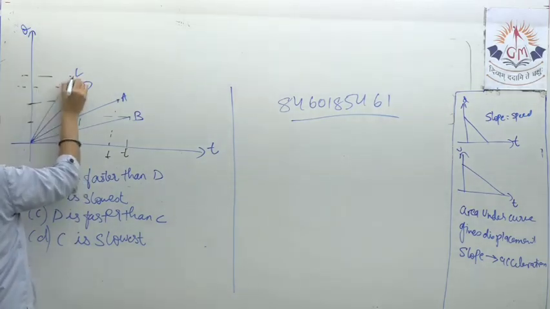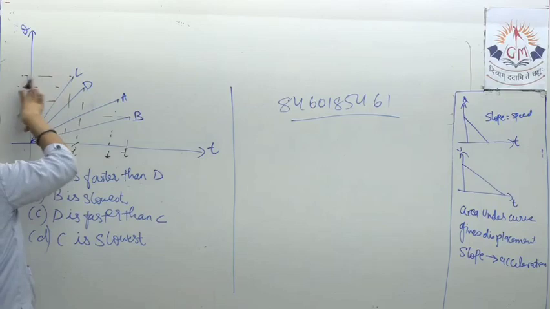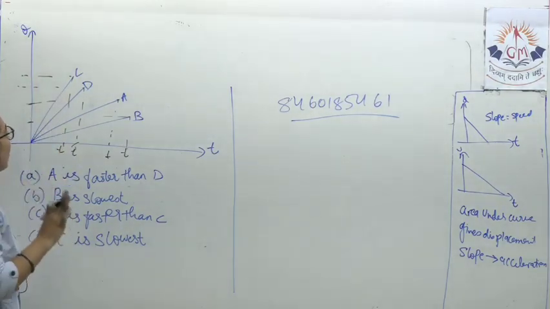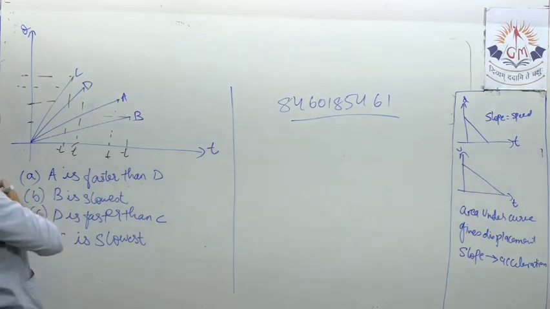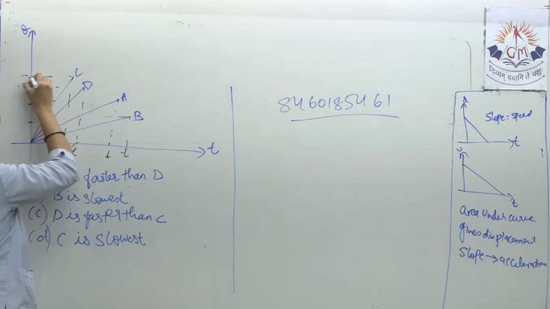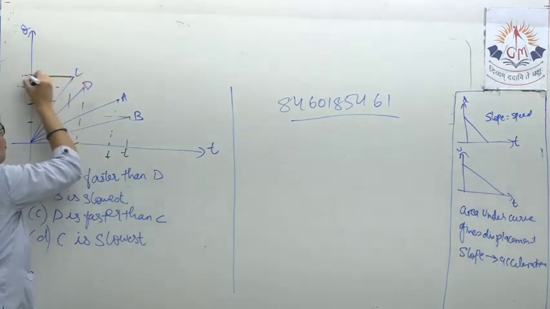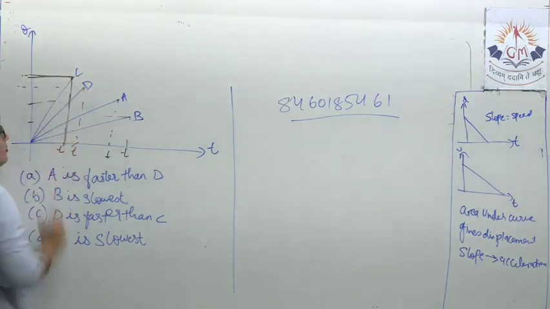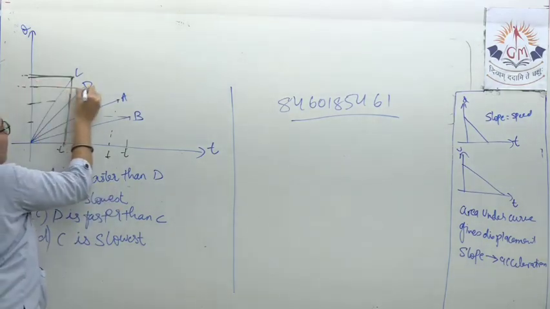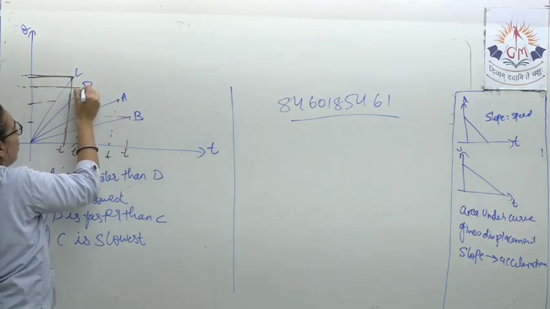While C has traveled the maximum distance in this interval of time. So what can we predict from here? We can predict that C is the fastest car because it has traveled more distance in less time. Coming to D, D is slower than C.